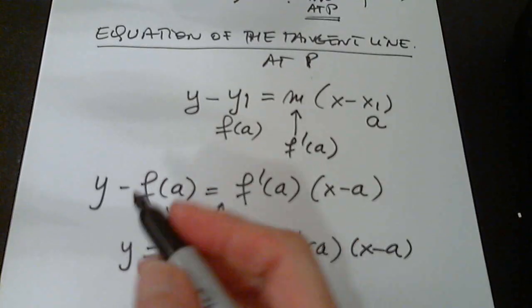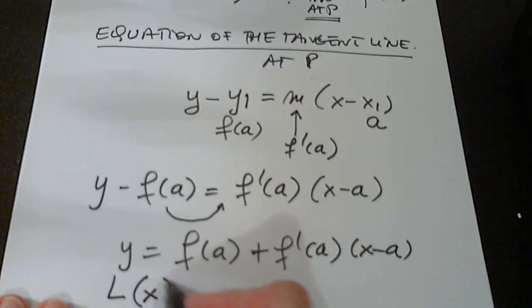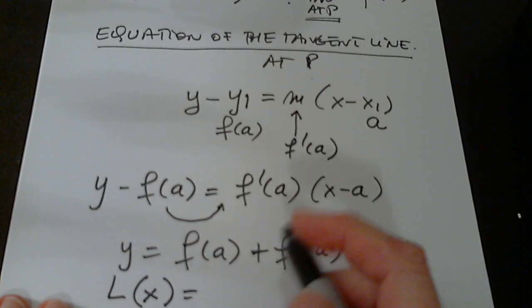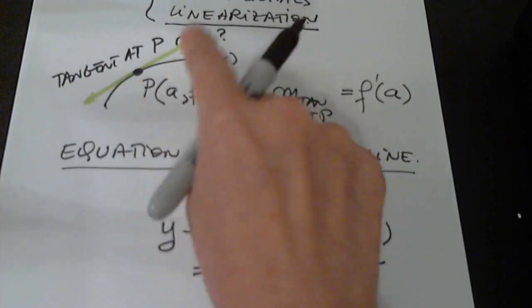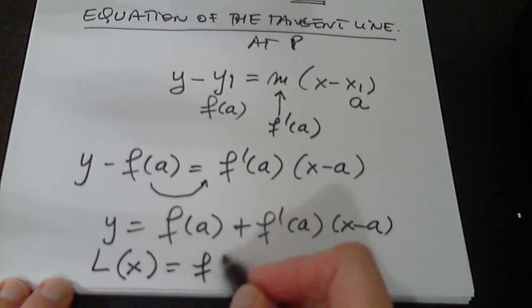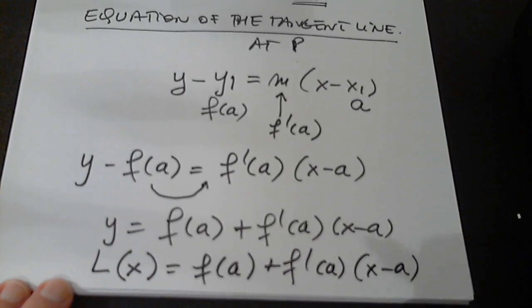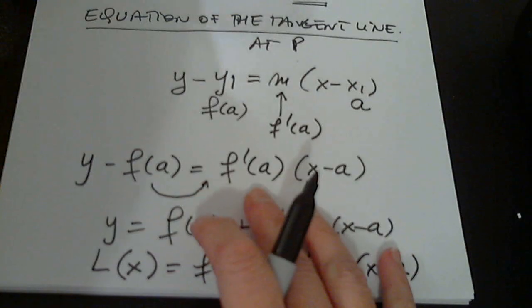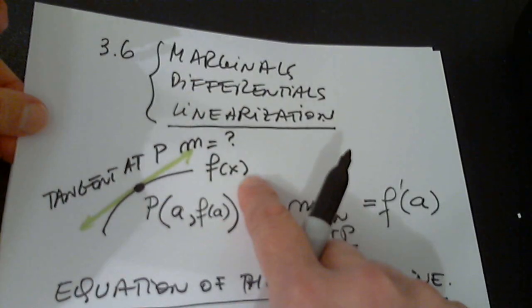So this function, we are going to call it uppercase L of x, because it's not the same as the function f. I don't want to use f of x. I have to use something else. So we're going to say L of x is f of a plus f prime of a times x minus a.